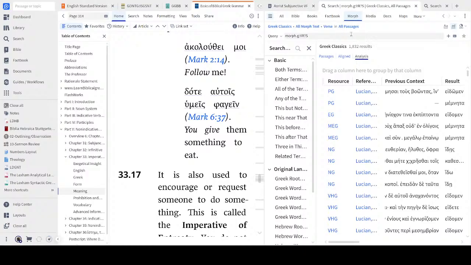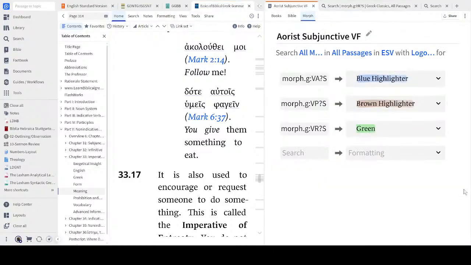All right. Now let's create another visual filter. So we're now in the formatting, I believe.